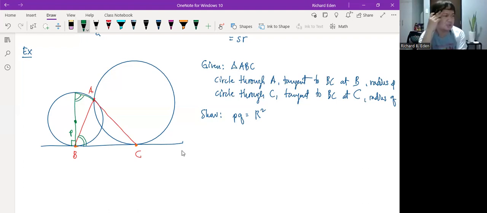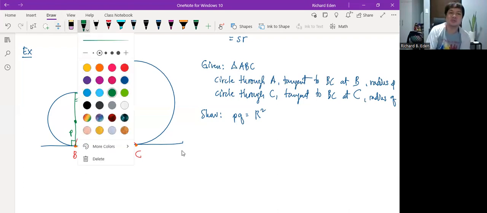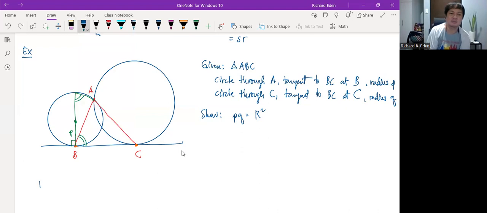Okay, I show that PQ is equal to R squared. Saan nag-appear ang R? In the extended law of sines for ABC. So let's do some scratch work, Joshua. So I know b over sine of B is 2 big R. So doon siya papasok eh.